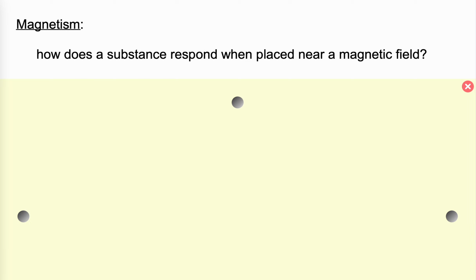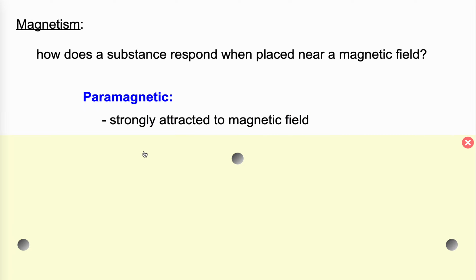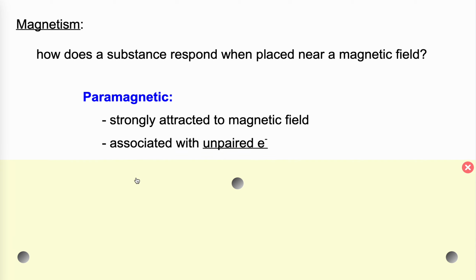It sure does. Now, this leads us to a concept called magnetism. It turns out that many substances respond differently when you place them near a magnetic field. A substance is described as paramagnetic if it is strongly attracted to a magnetic field. This is associated with unpaired electrons.